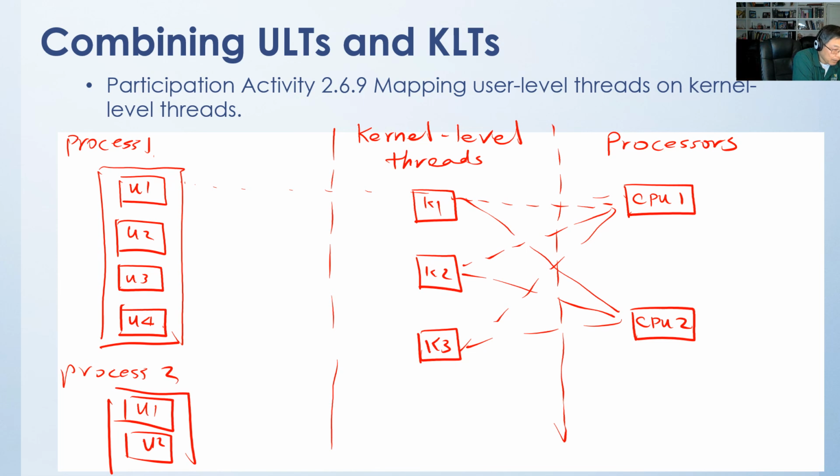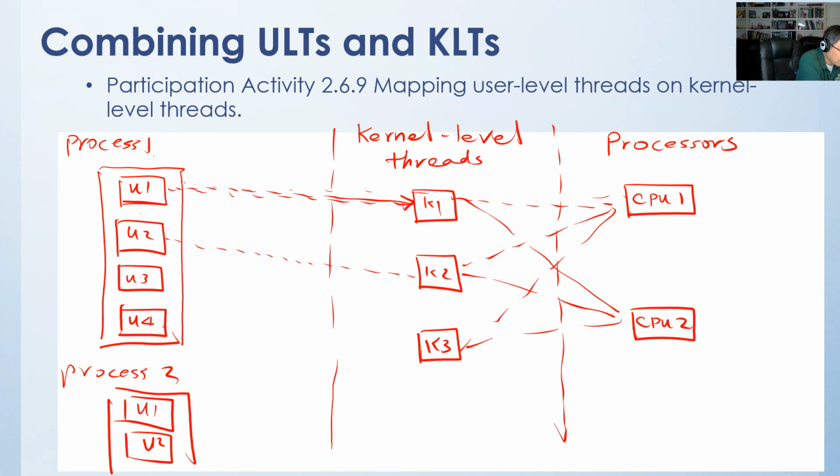What I can do is map user level thread 1 to kernel level thread 1, or map another user thread to kernel level thread 2. But you have more user level threads than kernel level threads, so you need to figure out that thread 1 is very important here, and use a dedicated kernel level thread to map it.